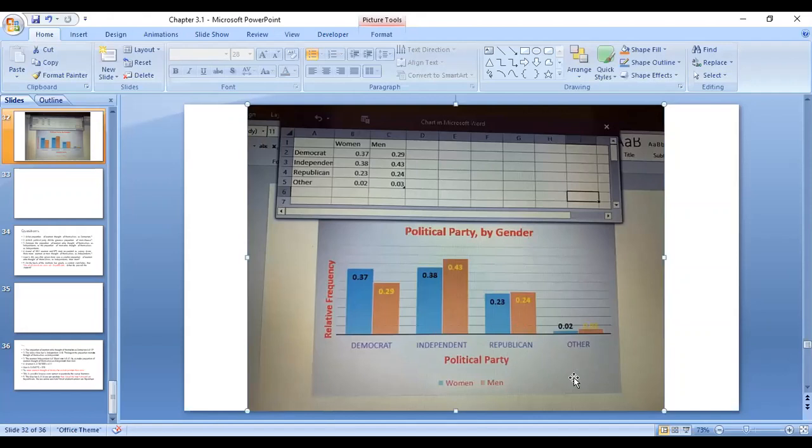You look on the graph, you see this one. In the Democrats, the woman is greater than the man, right?